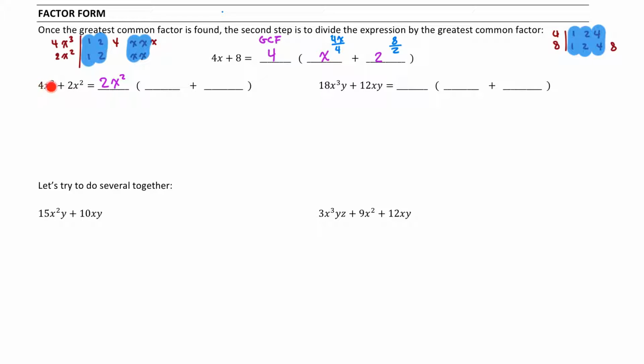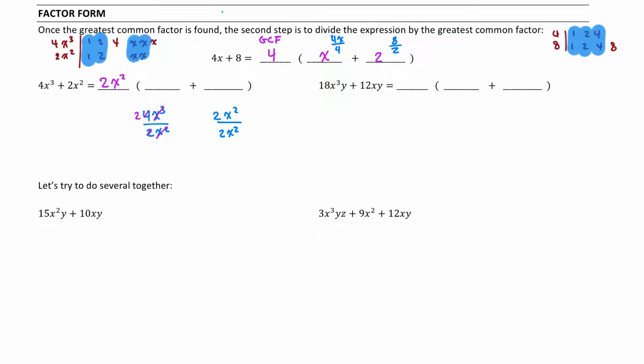So now 4x cubed divided by 2x squared, I will write that out here, 4x cubed over 2x squared, and this one is 2x squared over 2x squared. So for the first one over here, 4 and 2 cancel out to 2, x cubed and x squared.